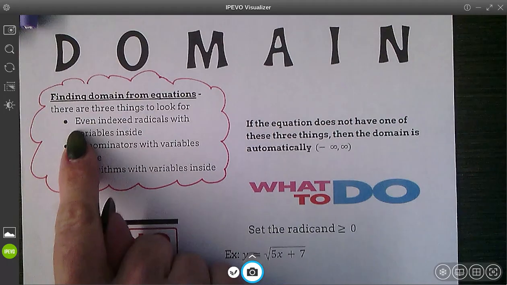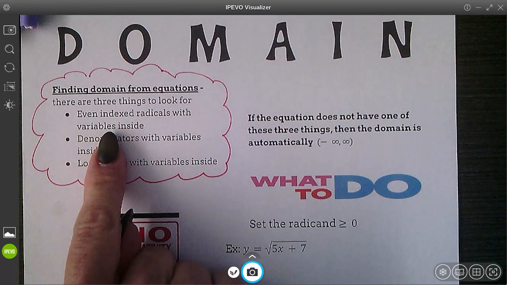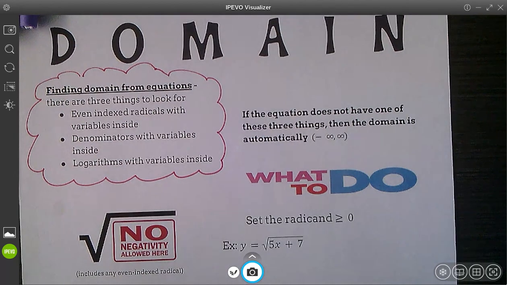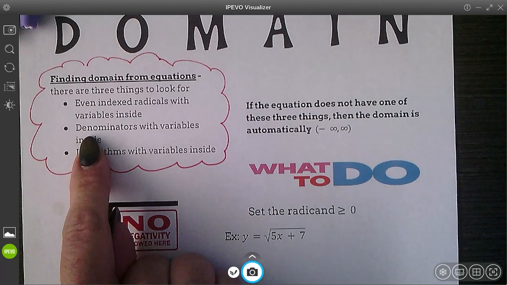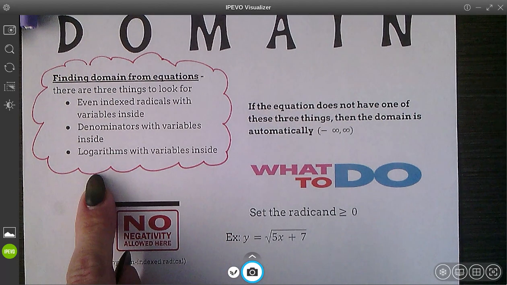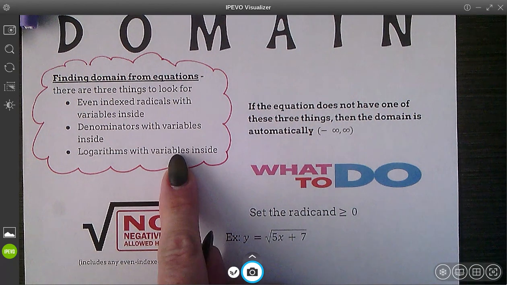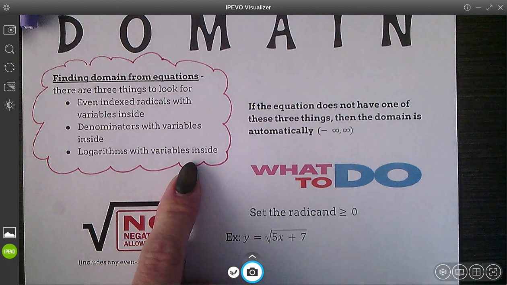So there's 3 things we've got to watch for. One thing is an even index radical that has variables inside, like a square root or a root with a 4. Then the next thing we're going to watch out for is a denominator that has a variable inside. And the third thing is going to be logarithms with variables inside, but that's not going to come until a later chapter.